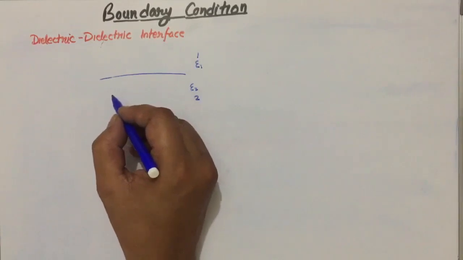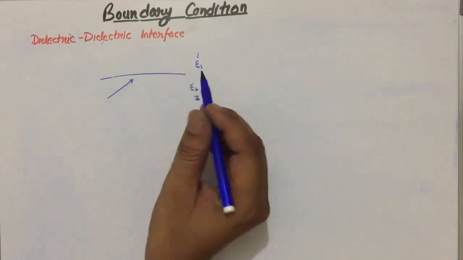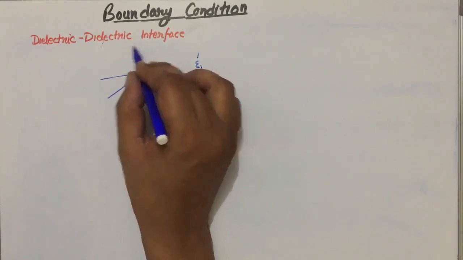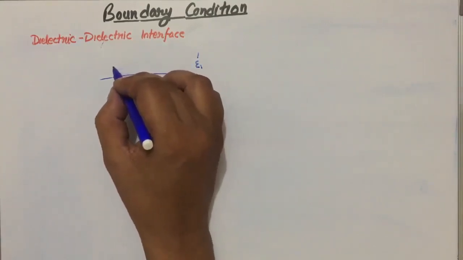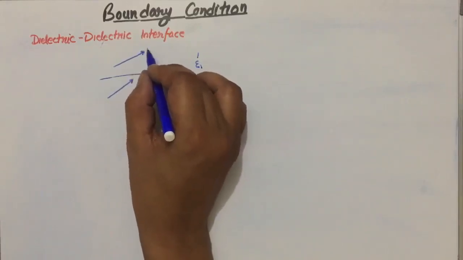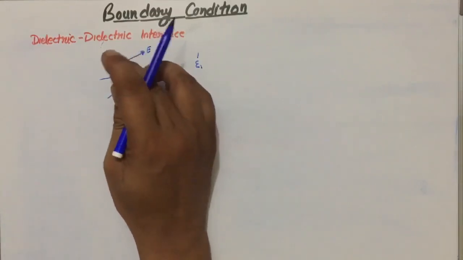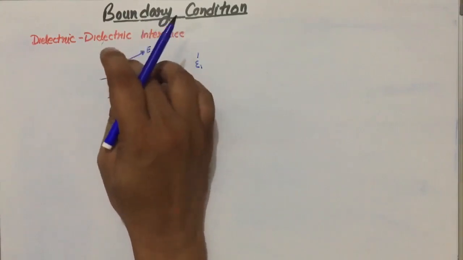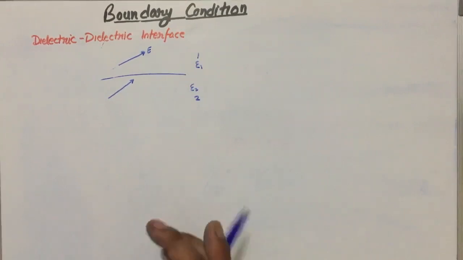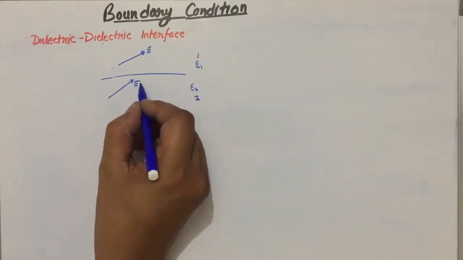The electric field is moving in this medium, that is E2, and when it enters from here, then in this region the electric field will be E1. We just want to know what changes are occurring when it enters the other medium. This is E2, this is E1.